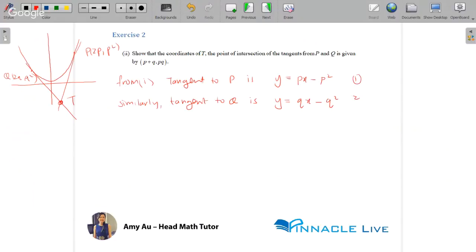Okay. To find the intersection, solve simultaneously. Move all the x's to one side.